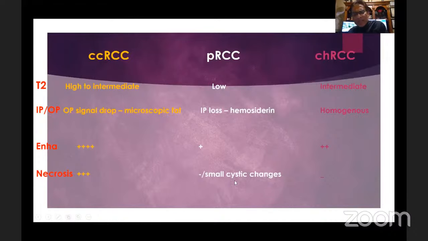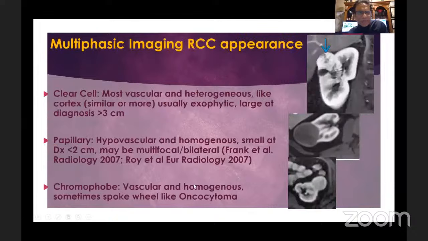Papillary type may show some small cystic changes, and chromophobe tends to be uniformly solid without any necrosis or cystic changes. So on arterial phase, you can see here that this is the clear cell type renal cell carcinoma, which is showing avid enhancement similar to the cortex. There are areas of necrosis within it.